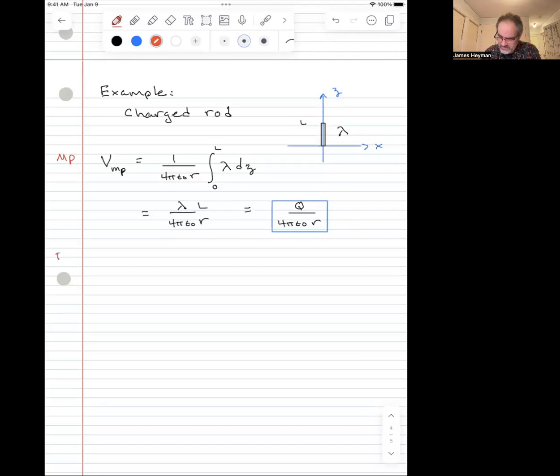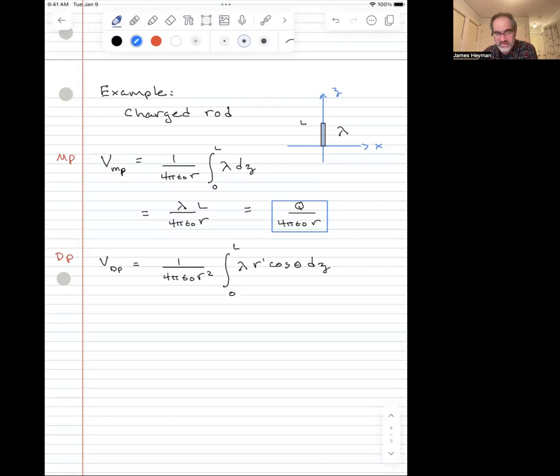The next term is the dipole term. And the dipole potential is 1 over 4 pi epsilon naught r squared times the integral. Again, now we're integrating over a line. So we have lambda times r prime times cosine theta, and we're integrating over z from z equals 0 to z equals L. Okay?